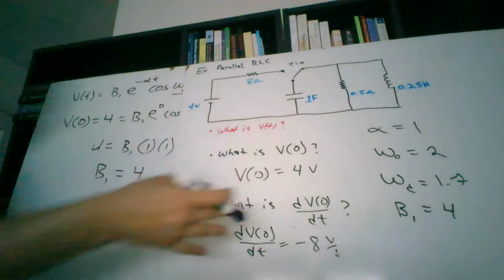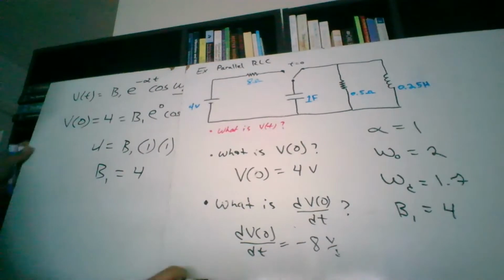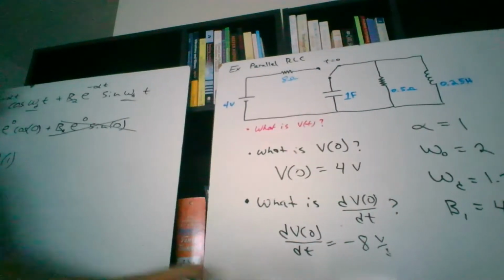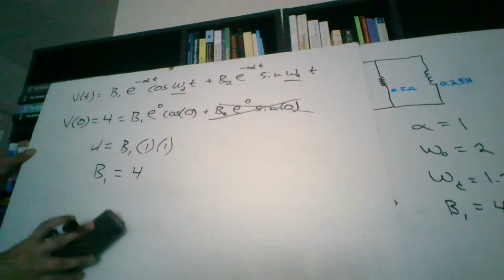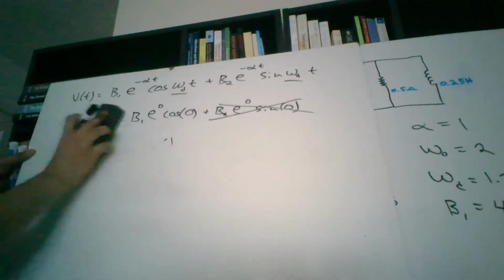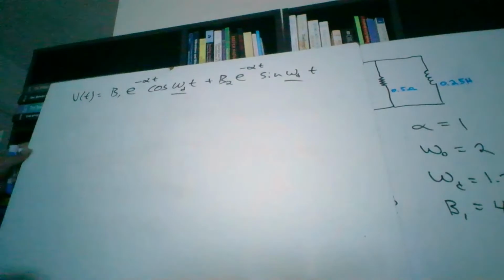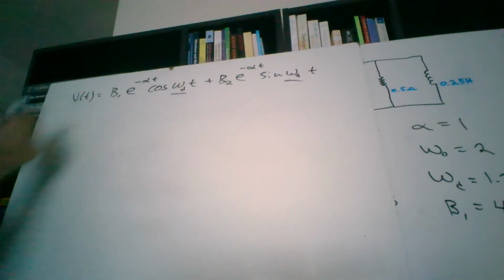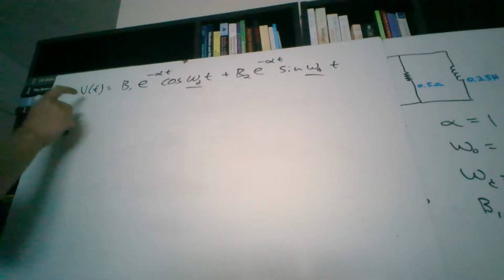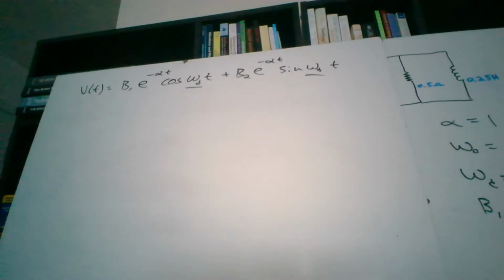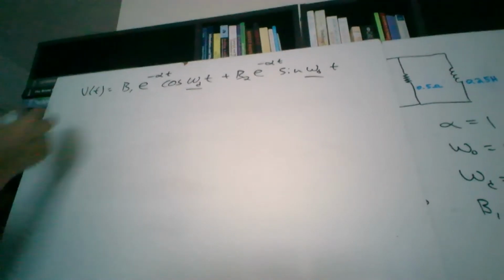So the whole idea of today was just to make sure you get some practice doing this. Okay. Next. What we have to do now is take the derivative. We have to take the derivative of this as a function of time.